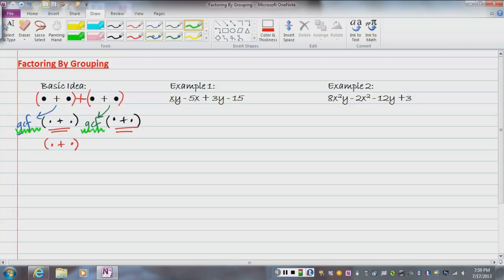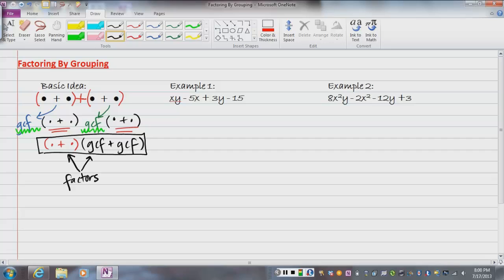That would be the first GCF plus or minus the second GCF. And then these would be your two factors. So this is the basic process.